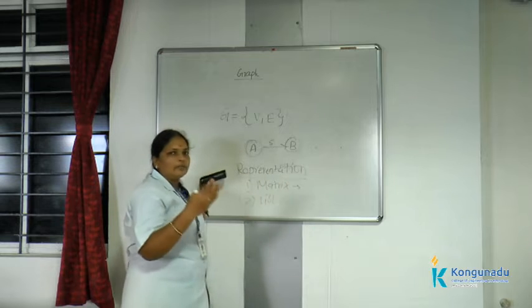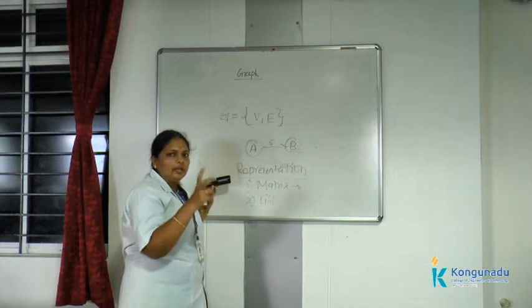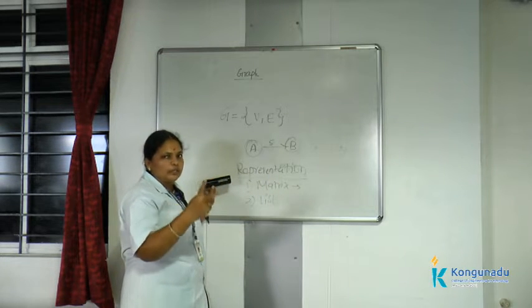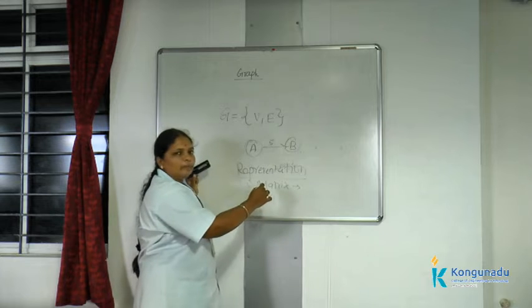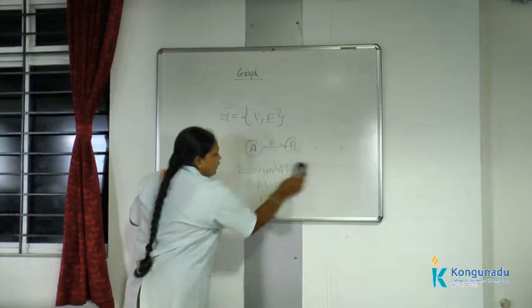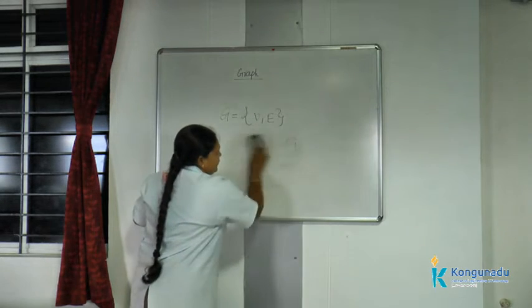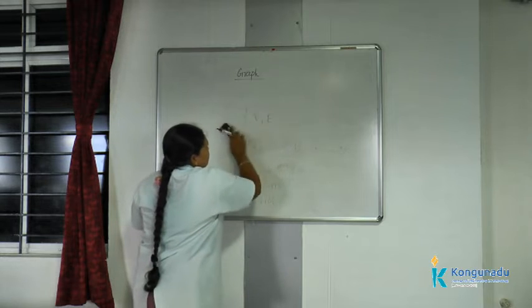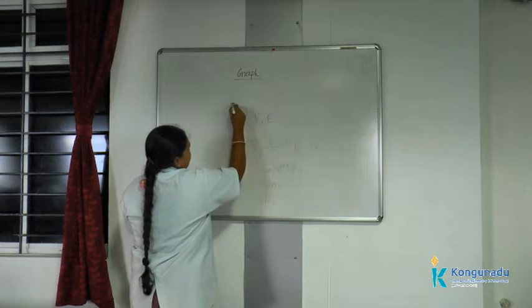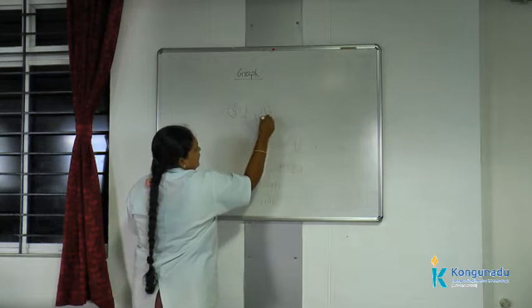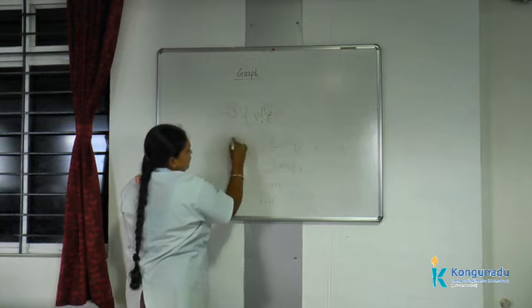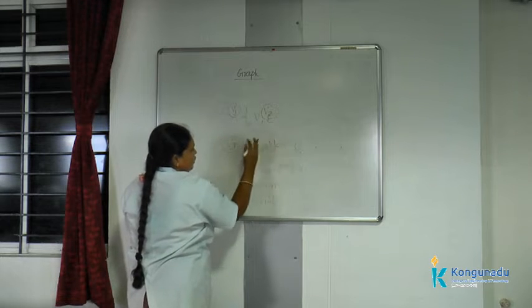You know that in mathematics we represent each and every data in the format of rows and columns. The same thing will be used for matrix representation. For example, in this graph, V1 is one vertex and V2 is another vertex, V3 and V4.